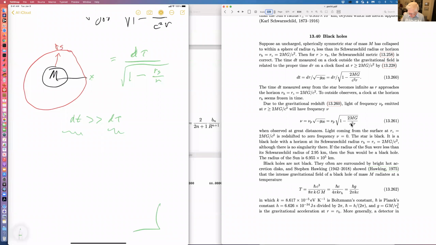So the observer is way out here. Then you can imagine that if this guy sends a light signal out, the light signal has a certain frequency. By the time it gets out here, its frequency is essentially zero. And so that was the idea that the black hole itself would be black, and that's why they were called black.